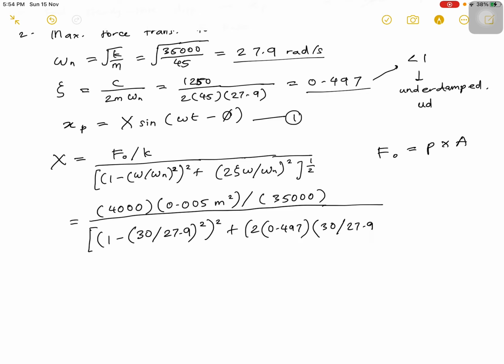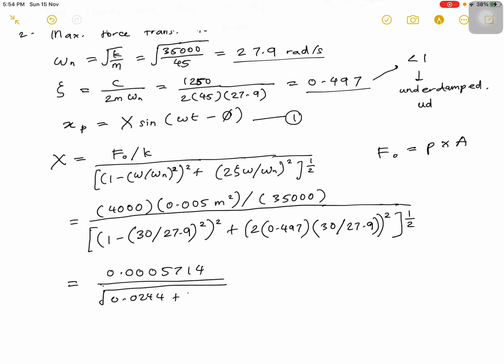Again, the omega over omega n, and we square everything, and we square root everything. We simplify it. We get that the top of the fraction has this value, and the bottom of the fraction is something like this, 0.0244 plus 1.1424.